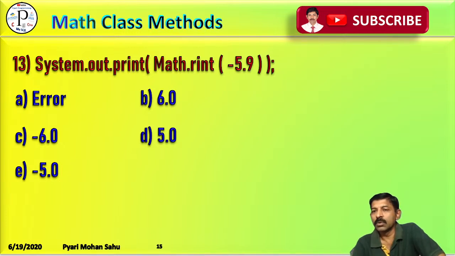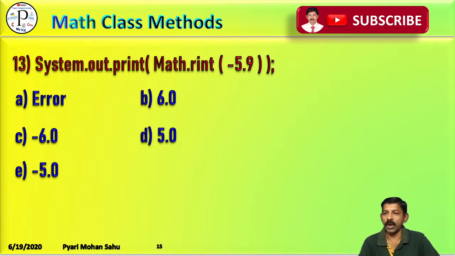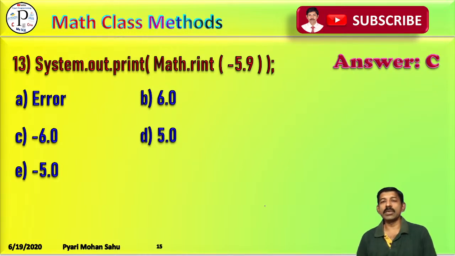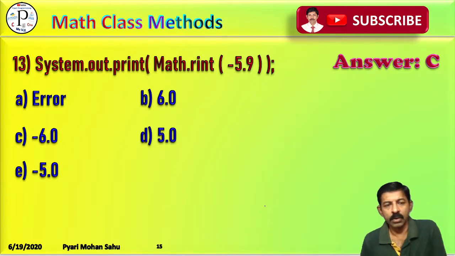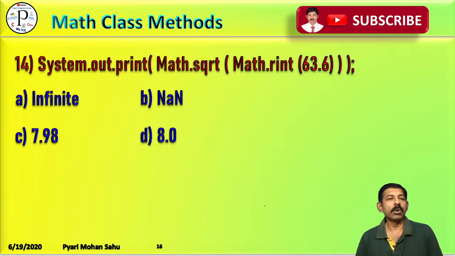After that, I have not received any answer from you, Rajalakshmi. Tanisha also. E, minus 5.0. One answer I got, E. Ruturaj, because the fractional part is more than 0.5. Yes, good. Because it is more than 0.5, it will round up in the case of positive, but minus 6 is coming because minus 6 is the lowest value compared to minus 5. So it will come down. Reverse operation of your positive.